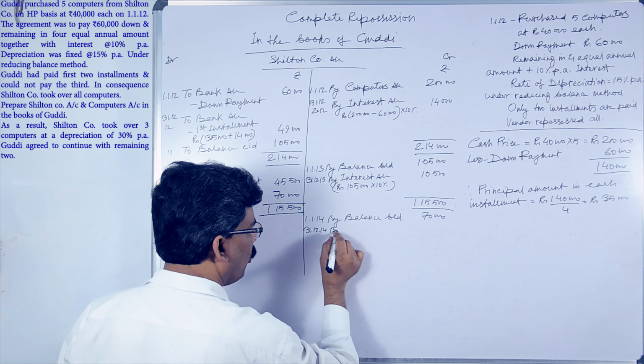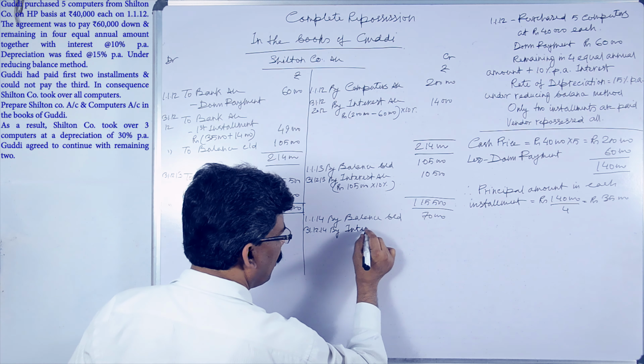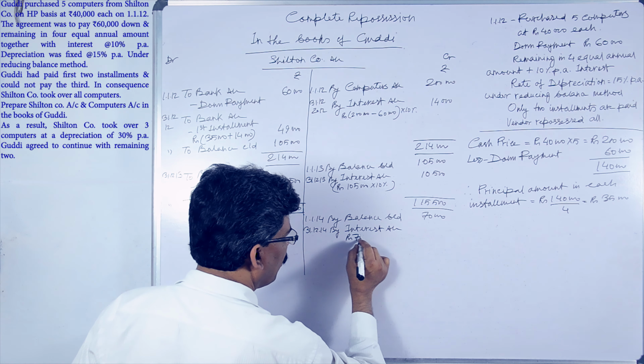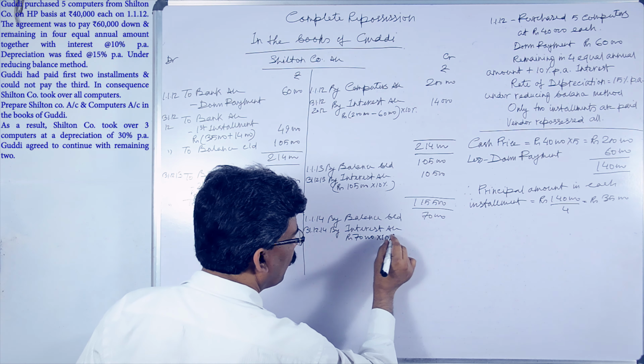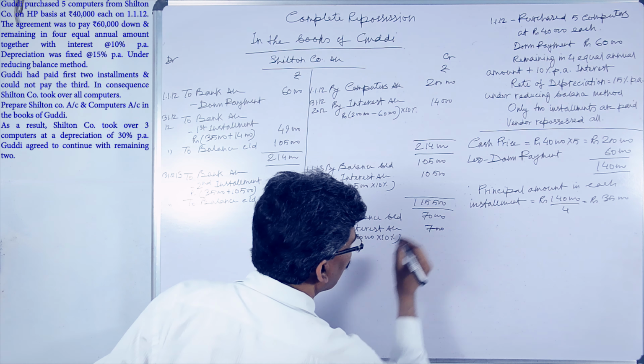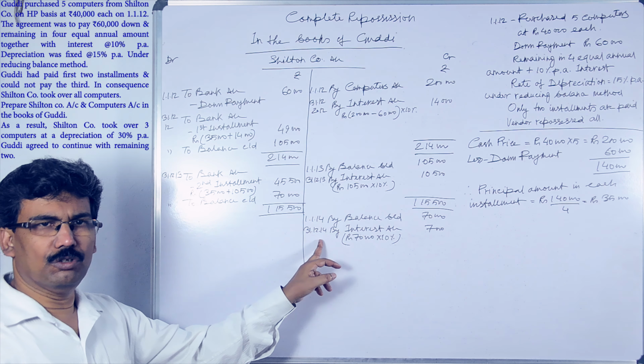This is the payment date of third installment by interest account. Interest is to be calculated on 70,000 at the rate of 10%, 7,000.